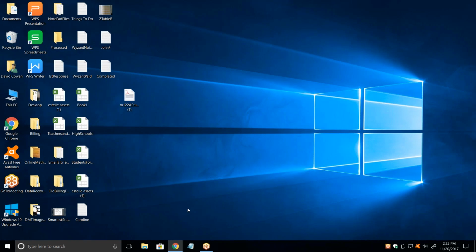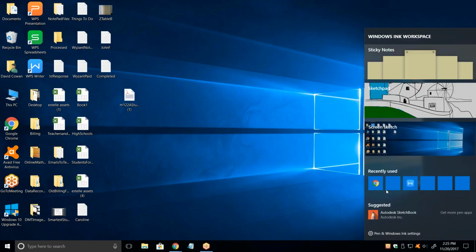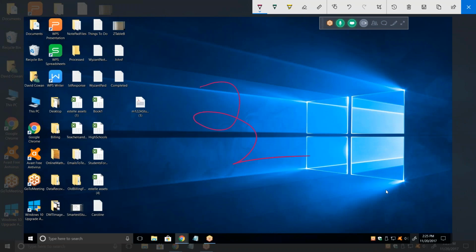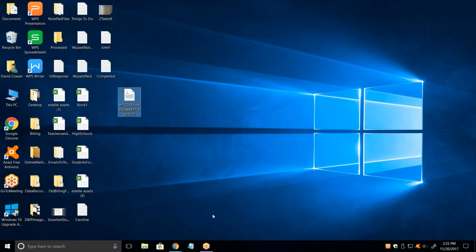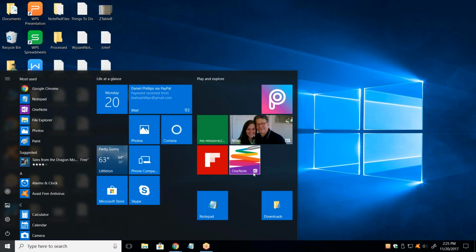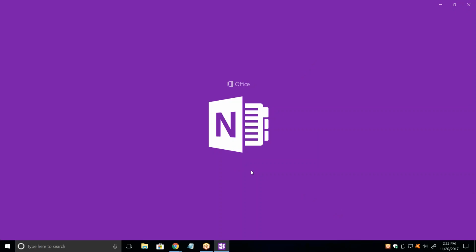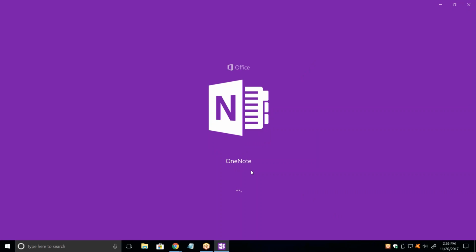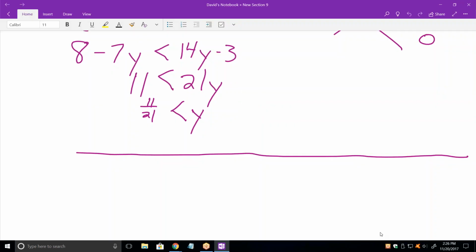Let's see if I can get this thing to work. Beautiful. Did it work? Uh-huh. Okay. Now, let's make sure it works on this program. I proved that my drawing tablet worked, but I haven't gotten it to work on this program yet.